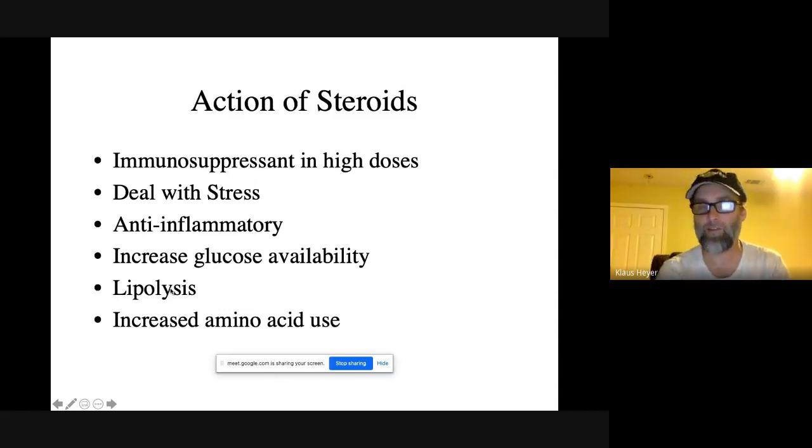Breaking up fat. Lysis means to break up. Lipo means fat. You're breaking up your body's fat stores. And then you're increasing the availability of glucose usually by breaking down a molecule called glycogen. In the case of human growth hormone, that's because you're growing. So that's kind of taken to the extreme.